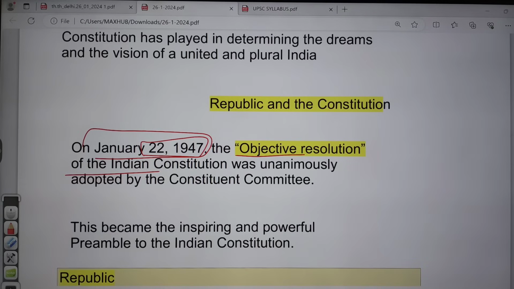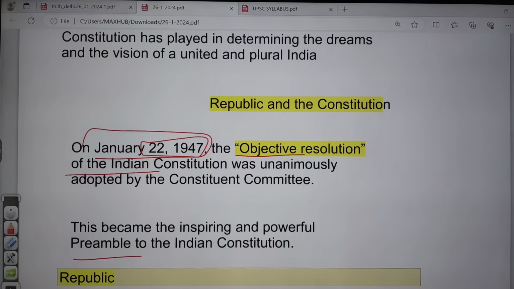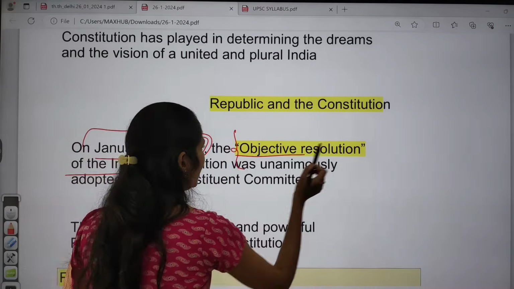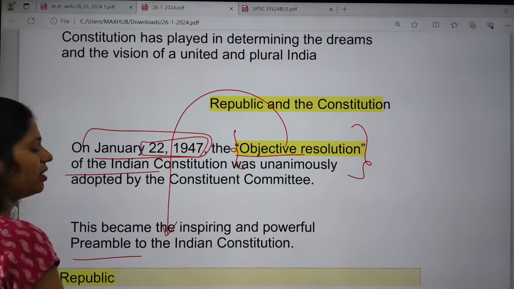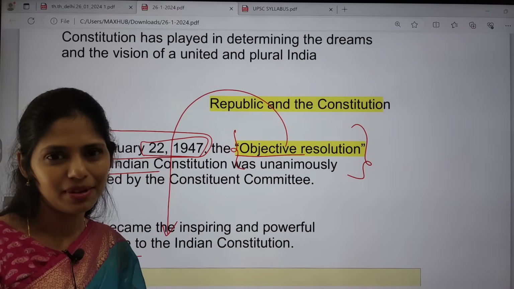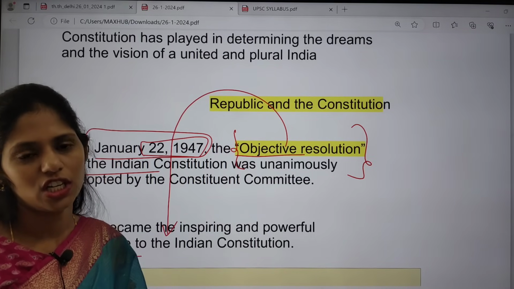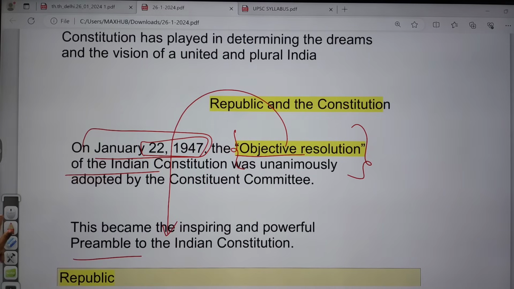This became the inspiring and powerful preamble of the Indian Constitution. So what is the objective resolution we came up with on January 22nd, 1947? It has become our preamble. Can we amend this preamble? Yes, we can change it through a Constitutional Amendment Act. That is the thing you have to remember.